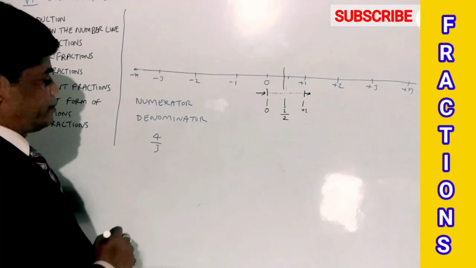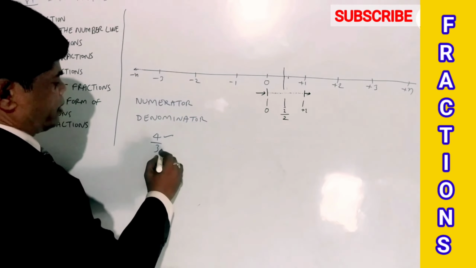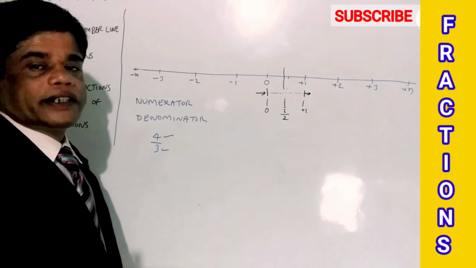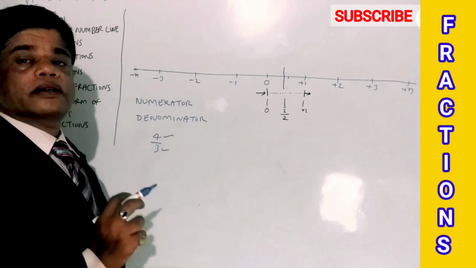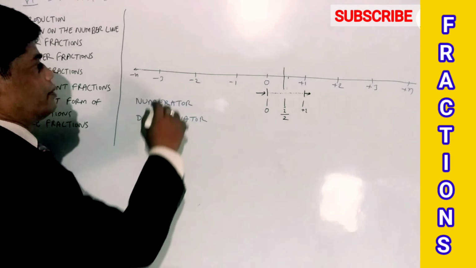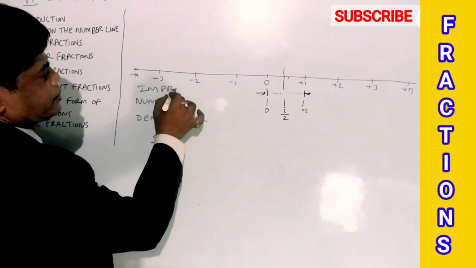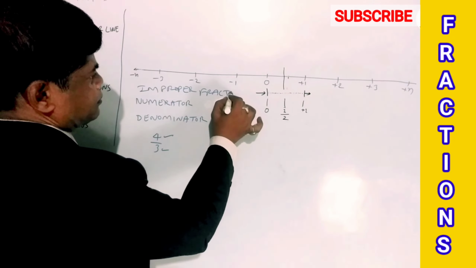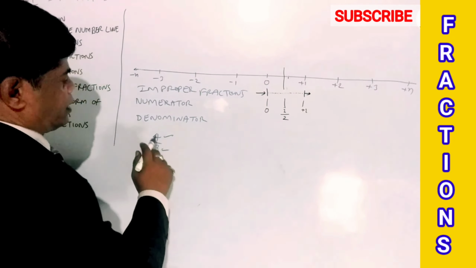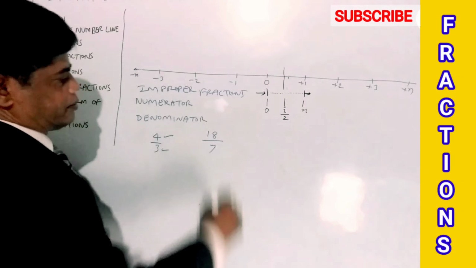Here the numerator is 4 and the denominator is 3. In proper fractions, the numerator is less than the denominator. But in improper fractions, I'm writing here, for example 18 by 7.